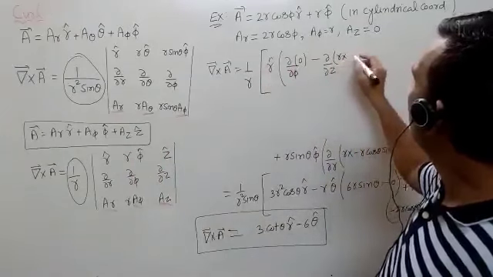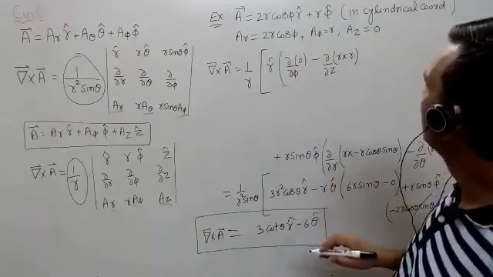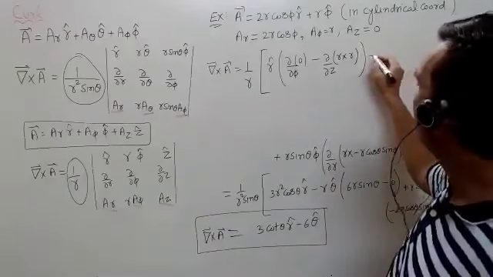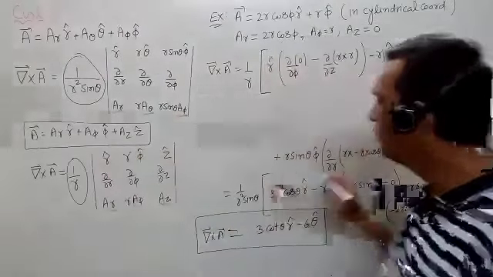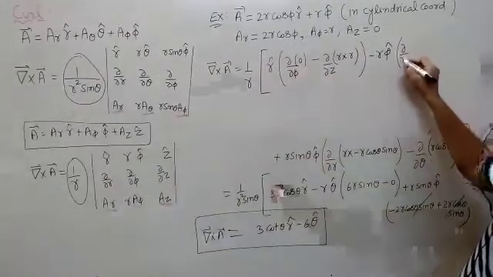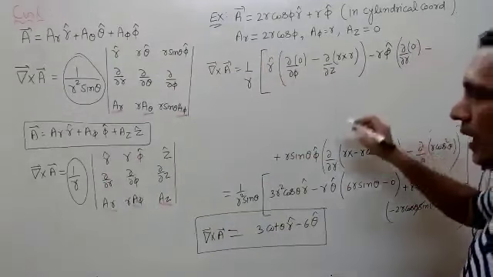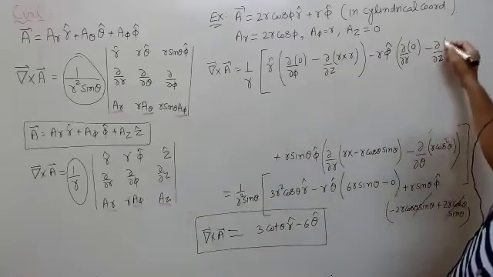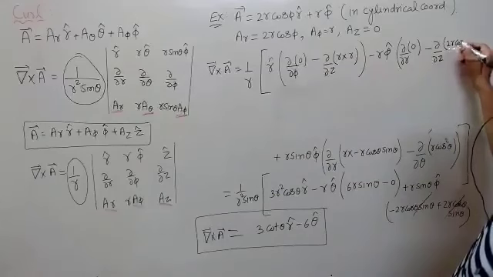R into A phi is R. Next term is minus R phi cap. So minus R phi cap will give you again del R into AZ is 0 minus del Z into AR, and AR is twice R cos phi.